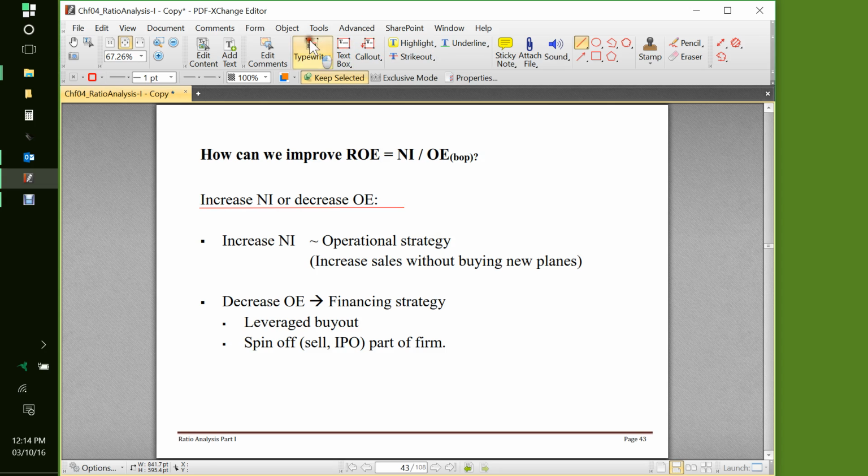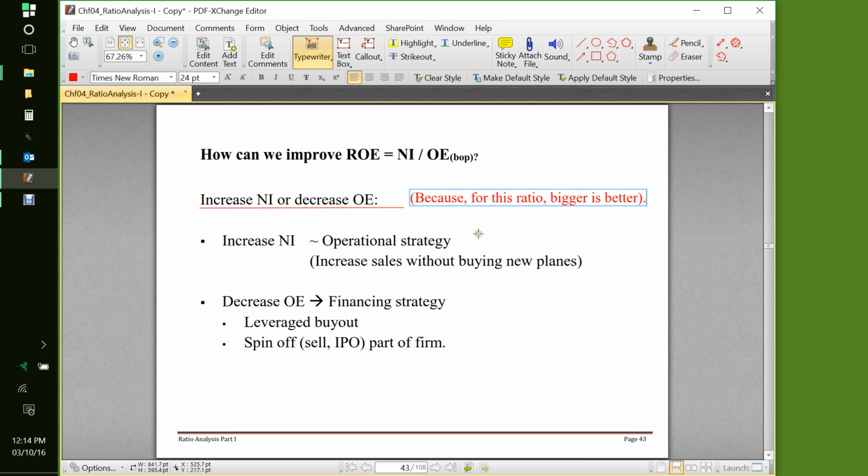I'm saying that because for this ratio, bigger is better. Right? Okay, so in terms of finance, we would say increasing our net income is an operational strategy.